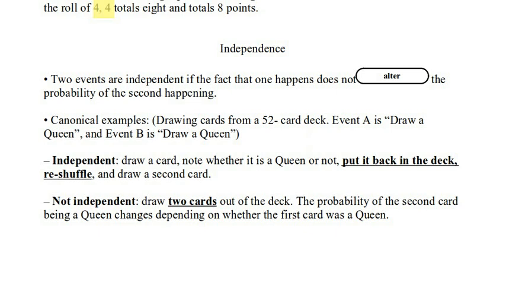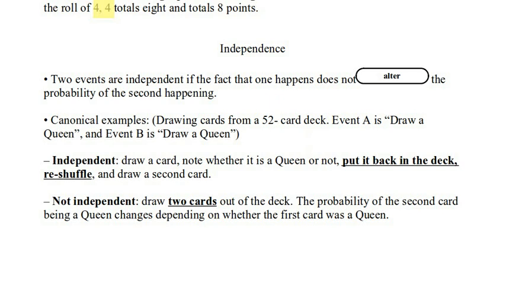If the first does not alter the probability of the second, then they're independent. So let's look at a 52 card deck, and let's look at the two events, draw a queen and draw a queen. And before you think, wait, that's the same event, we're talking about drawing these two cards from the deck.